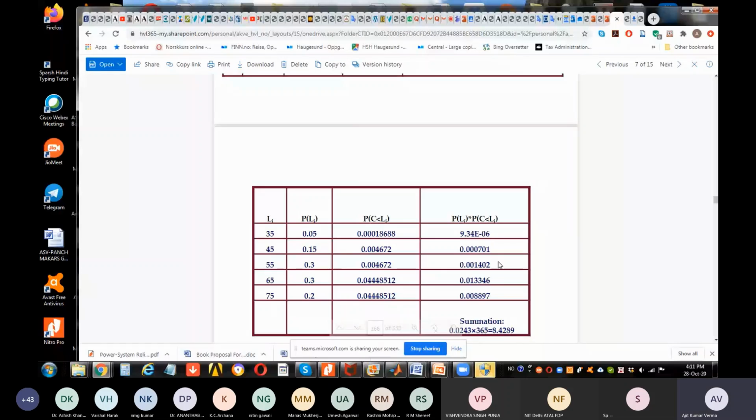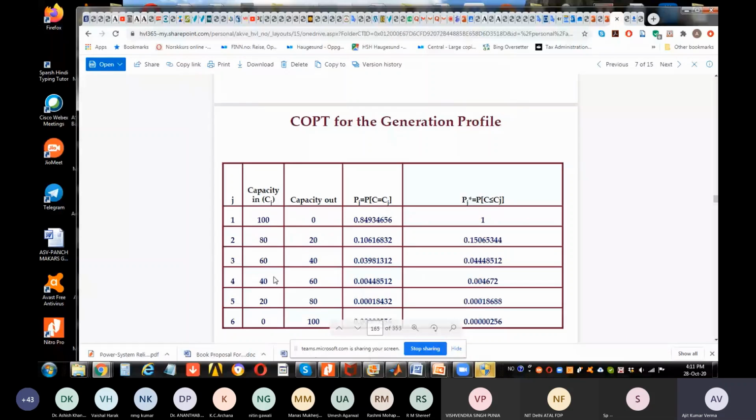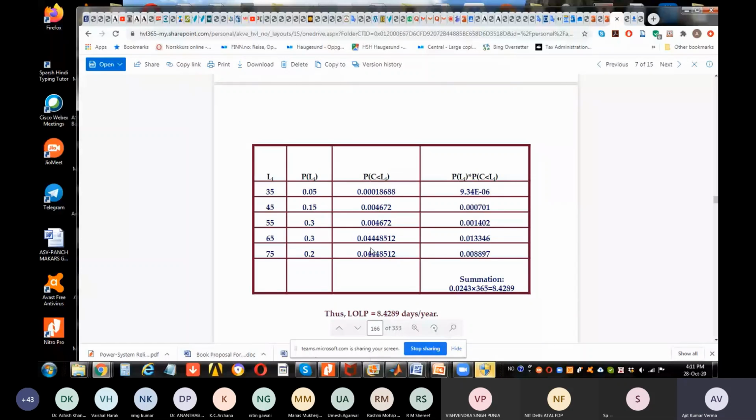Likewise, when you have 65, all these 4 states can lead to a loss of load. So you take this cumulative probability, 0.4448512, for 65, and multiply by the percentage of time for which it lasts. So this gives you the loss of load probability when there is 65 megawatt. Let's look at 75 megawatt.